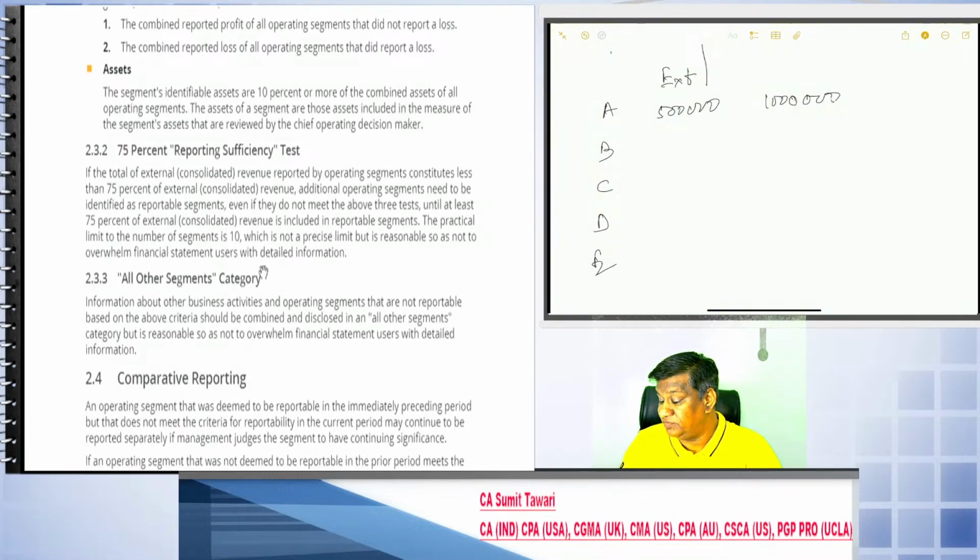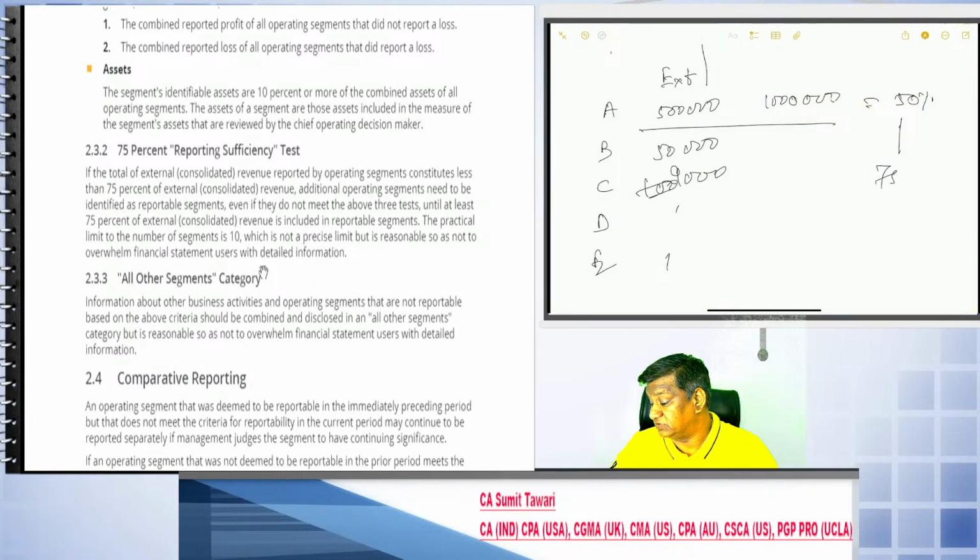Remaining is basically 50,000, 1 lakh, not 1 lakh, 90,000. So we cannot consider it. But if you see, this also covers only 50%, and I need to bring it to 75%. That I am talking about only external revenue.